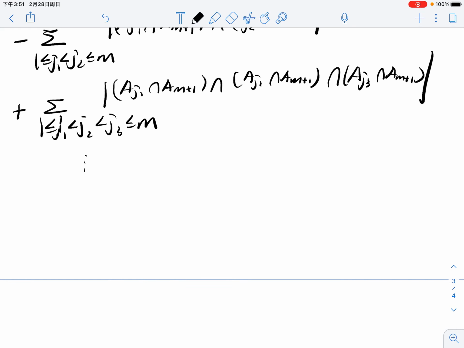And finally, you have minus 1 to the M's power, summation.